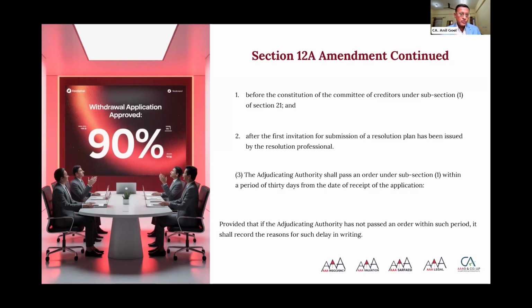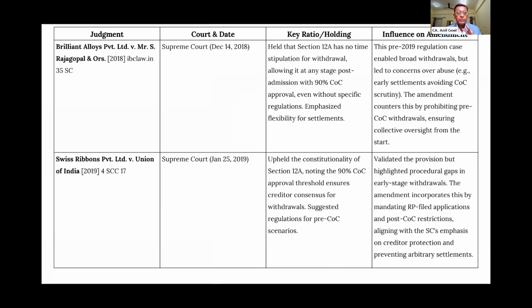So the timeline is also provided now for the adjudicating authority. Although there are various timelines provided in the code and in the regulations, those are not being met only because the adjudicating authority has too much work. Provided that the adjudicating authority has not passed an order within such period, it shall record the reasons.